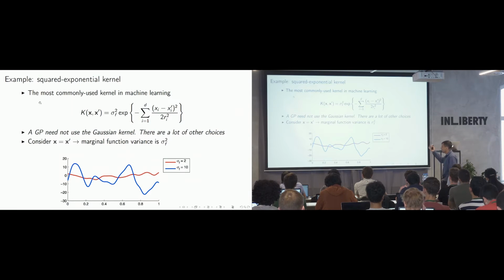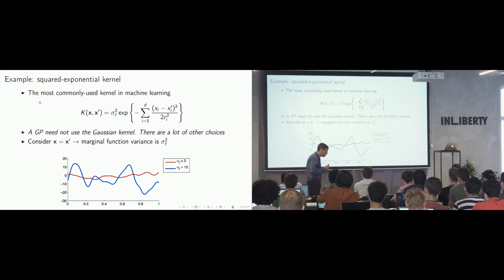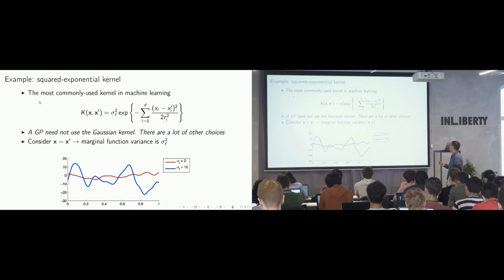And actually, this is a particular example of a covariance function which is very widely used in applications, the so-called squared exponential kernel. Of course, it contains some parameters, like the parameter r sub i, which defines a length scale, and the parameter sigma, which defines the scale of variations.